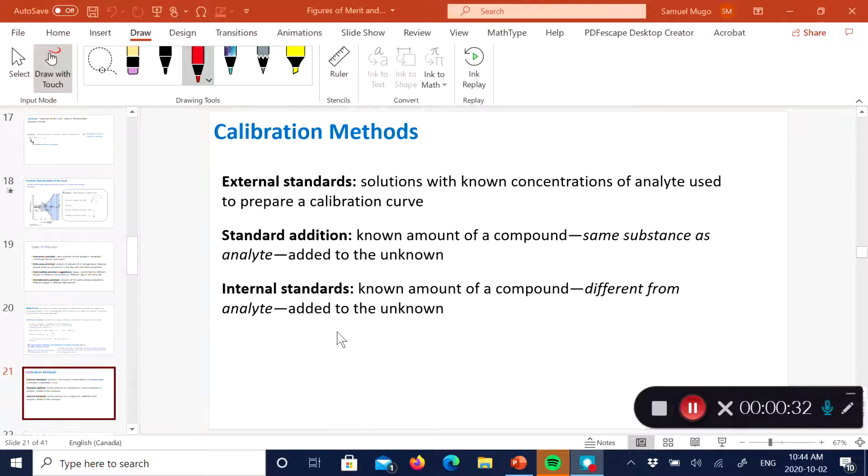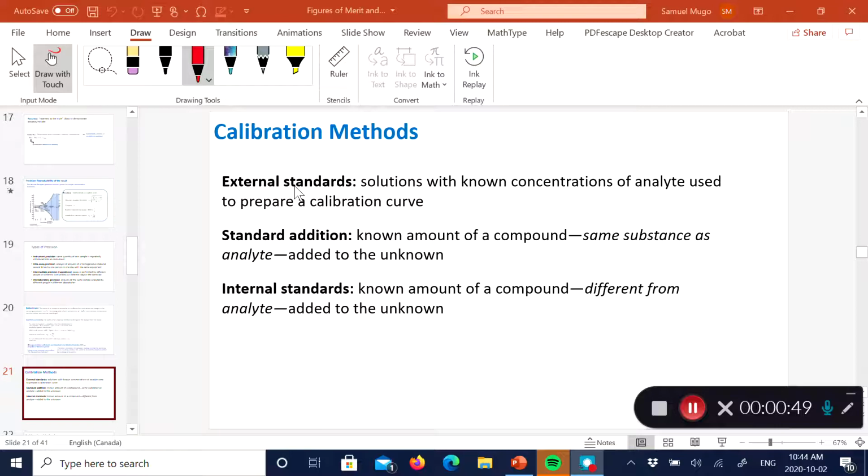Now, it's good for you to understand the advantages and disadvantages of each of these methods so that you can choose the appropriate calibration method, depending on the analytical problem in question.